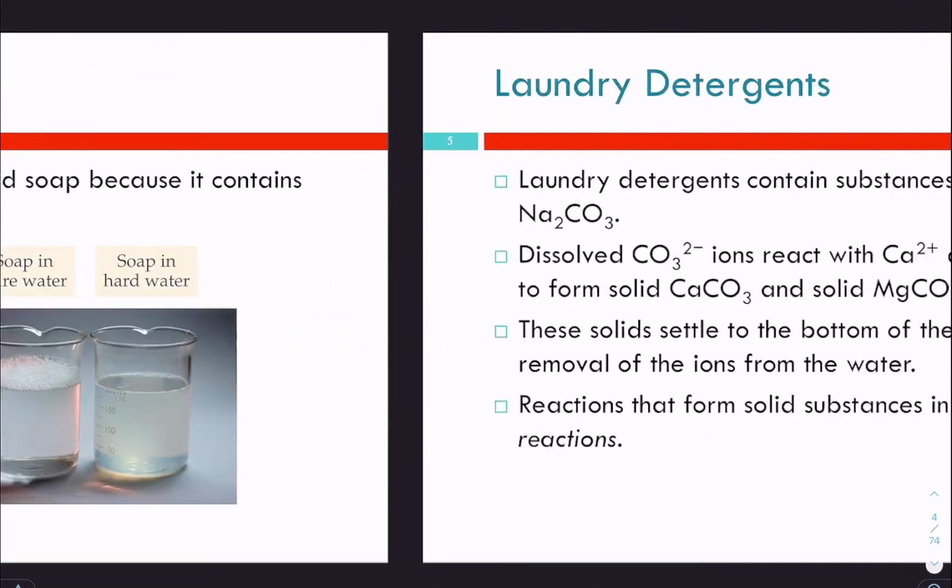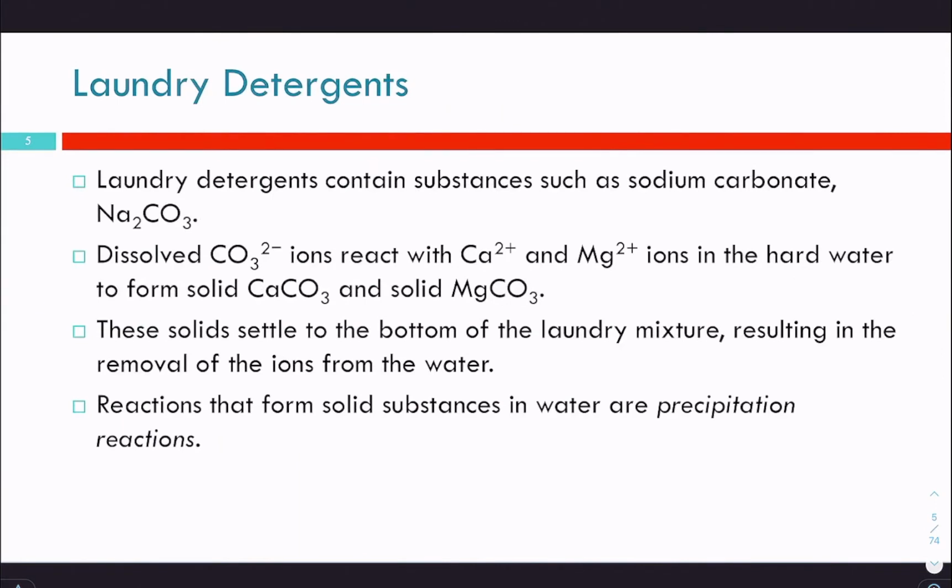But laundry detergents contain substances like sodium carbonate, which, when you add it to water, breaks apart into sodium ions and carbonate ions, another polyatomic ion, one of the ones that's on the list. This then reacts with your calcium and magnesium ions and prevents them from interfering with the soap.